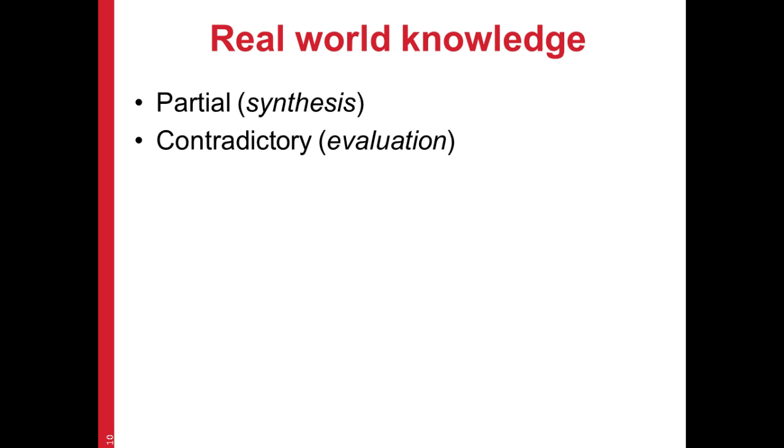This requires another skill, evaluation, the process of weighing up the strengths and weaknesses of the different pieces of evidence, and again, making a balanced judgment. Synthesis and evaluation are key words because they are what we'll be looking for when we mark your assessment.